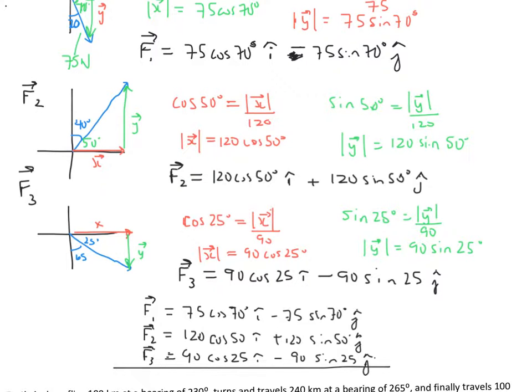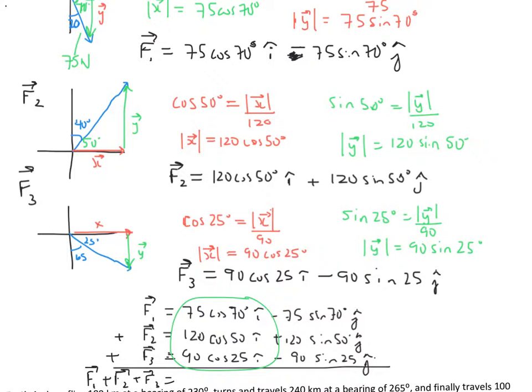Okay, so we're going to actually add all of these things together. So we've got vector F1 plus F2 plus vector F3. That is going to be our sum. That's going to equal, and then what we do is add all of these things together, and that will give us our overall x component.